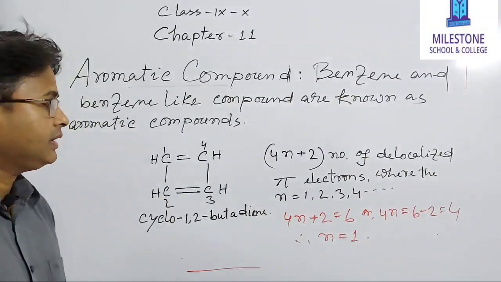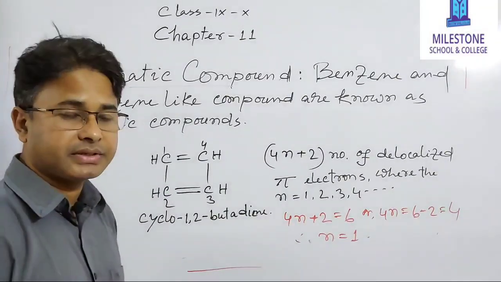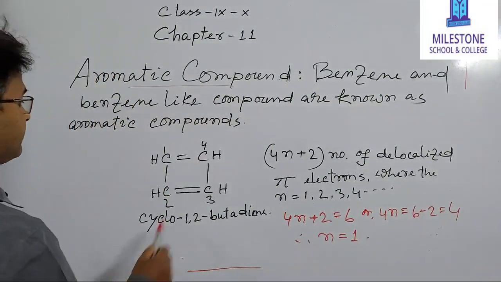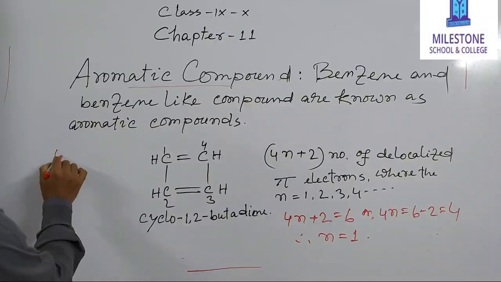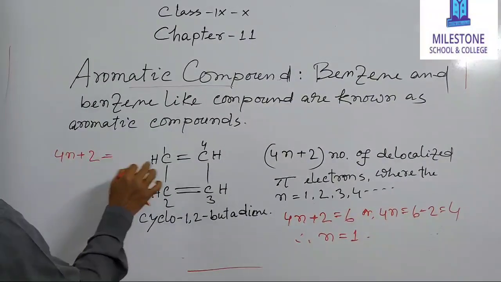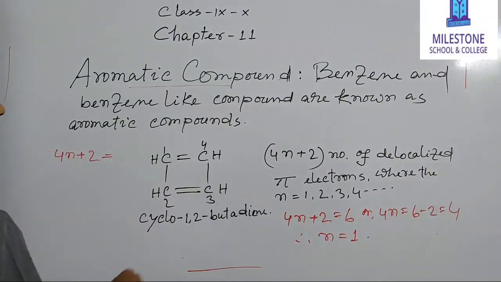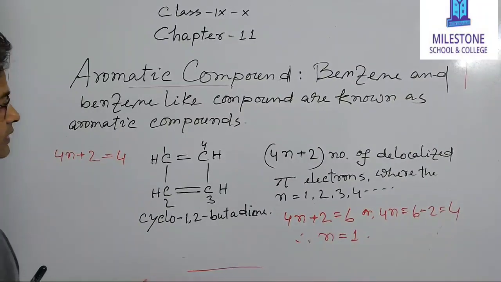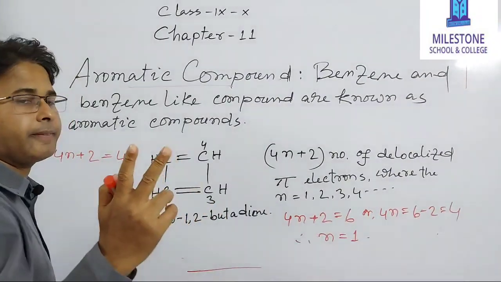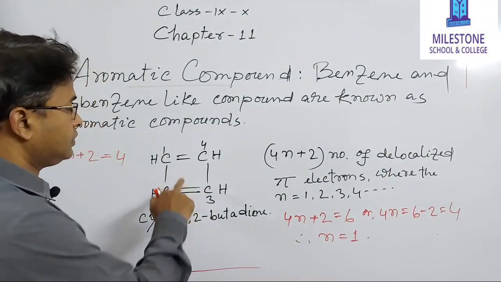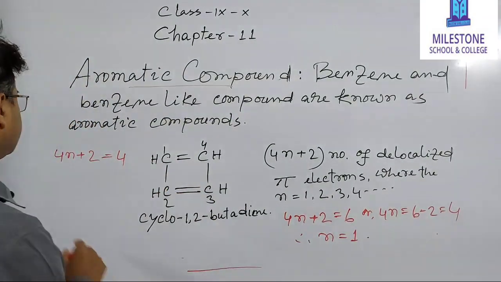Yes, but it is not an aromatic compound, because if you count the number of delocalized pi electrons, each of the carbon-carbon double bonds contains 2 pi electrons. So 2 plus 2 is equal to 4 pi electrons.